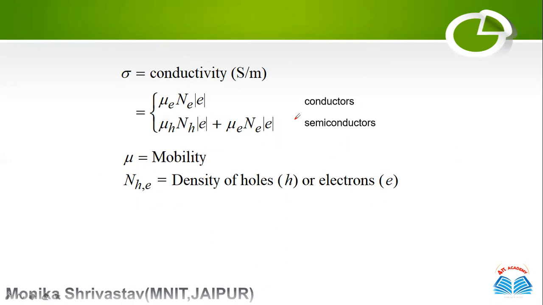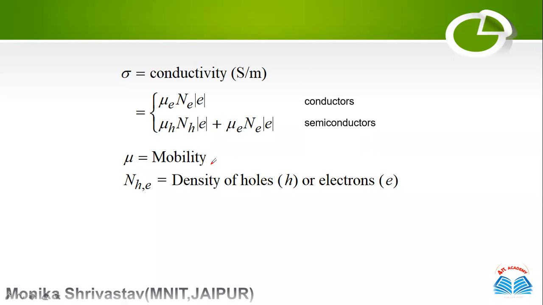For semiconductors, mu h is all about the holes, so sigma for a semiconductor equals mu h n h e plus mu e n e e. This mu is mobility. Mobility means the average velocity per unit field, or we can say the movement of any charge is its mobility.